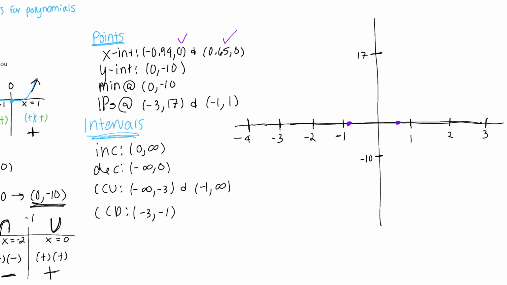I'm just going to be lazy and not draw the lines in between. So 0, negative 10 is right here. We have that point twice. Negative 3, 17, it's like around here. And then negative 1, 1. So it's like in here somewhere.